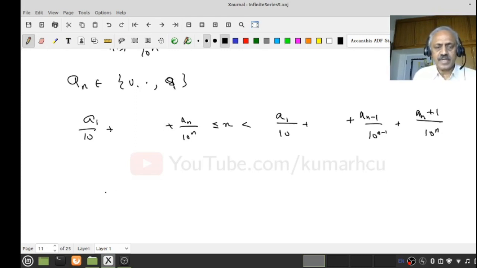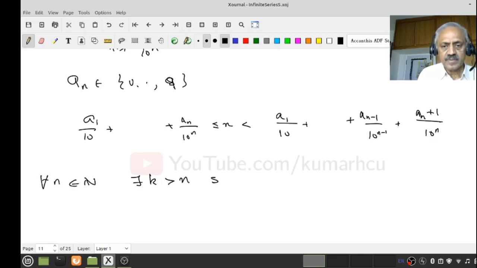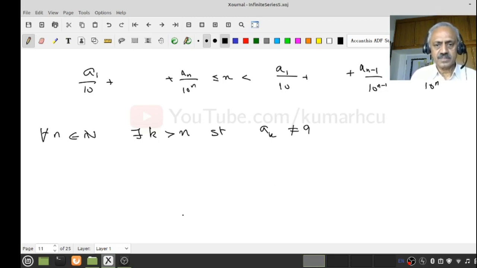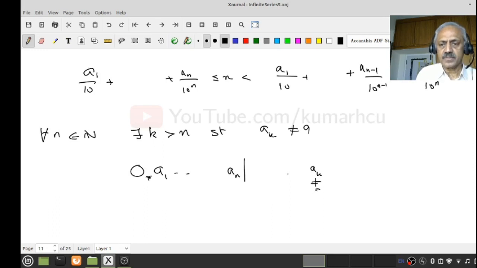Now what I want to claim is that for every n, a natural number, there exists an integer k greater than n such that my a_k is not equal to 9. Understand this? So let's just look at it this way. In the standard way of writing the expansion, you are given x, then I know there is an a_k which is not equal to 9.